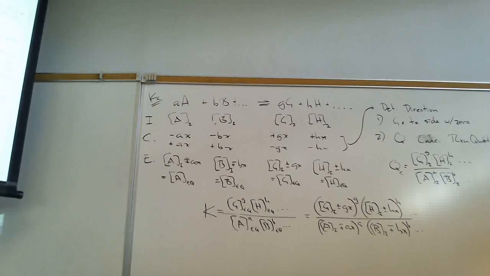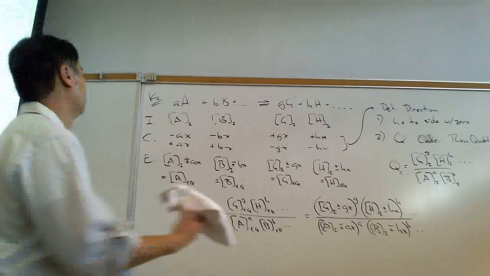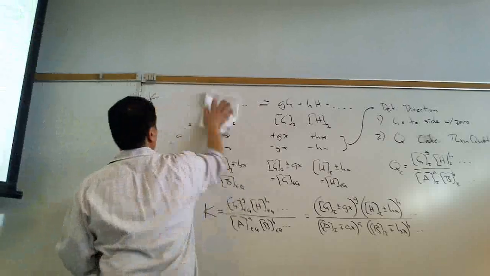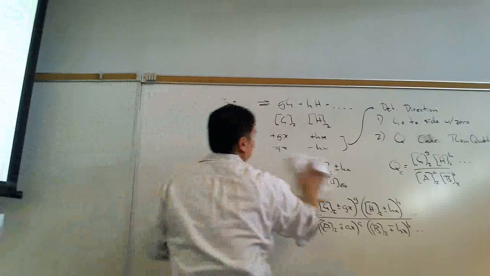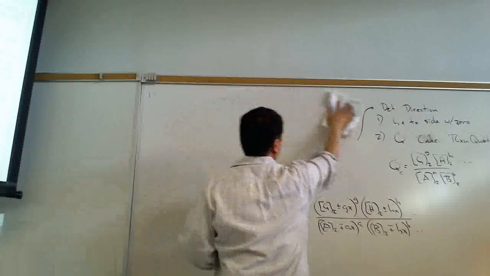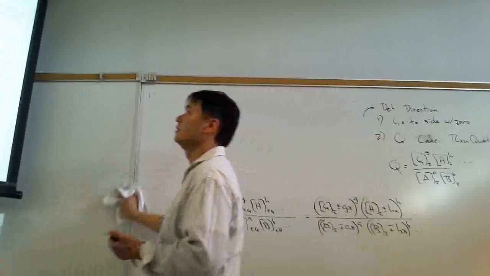I left it in my office, but I might have to go back and get it. 3.25. Okay, now we're allowed 3 sig figs, and like I said, I always carry 1 extra sig fig until the end.